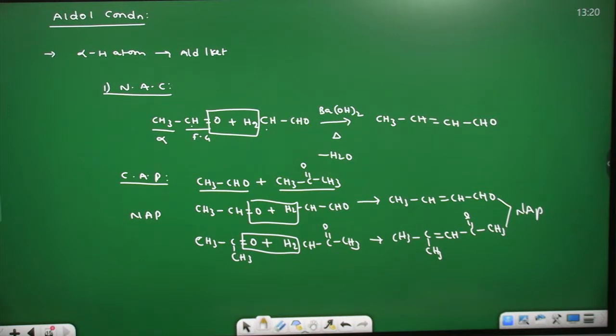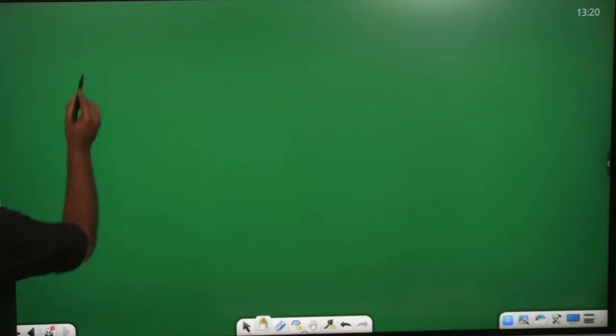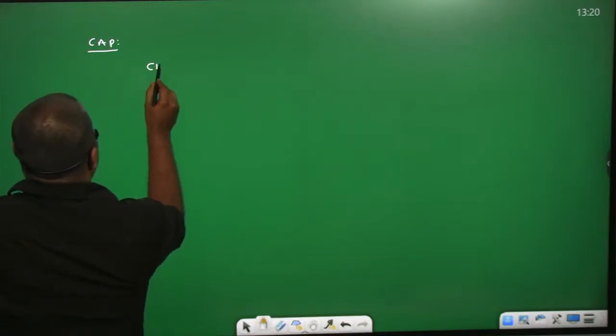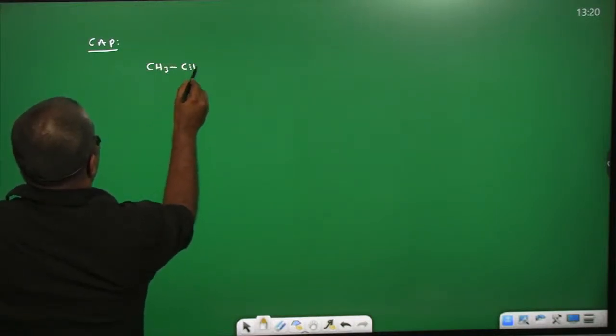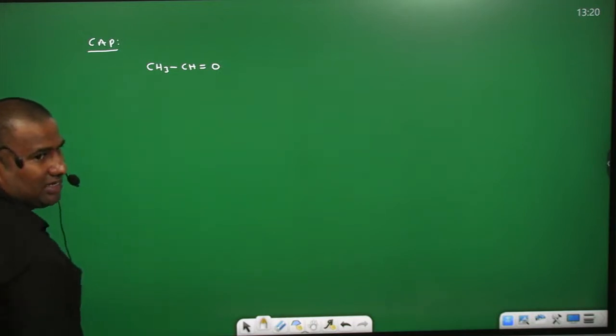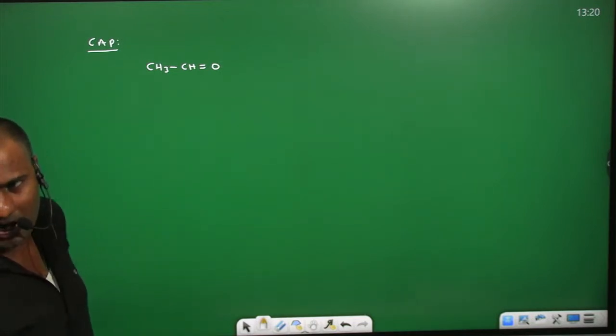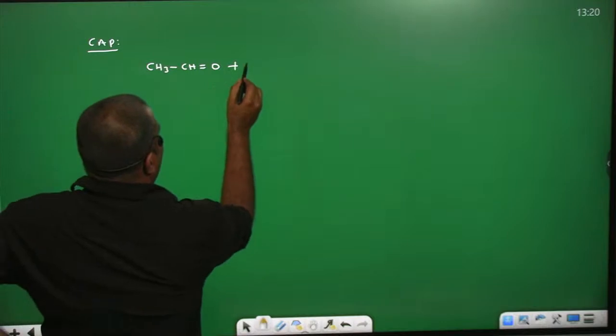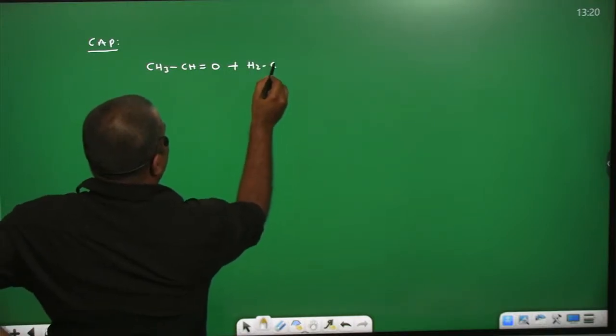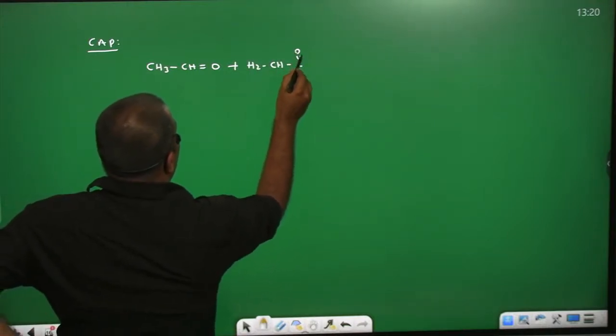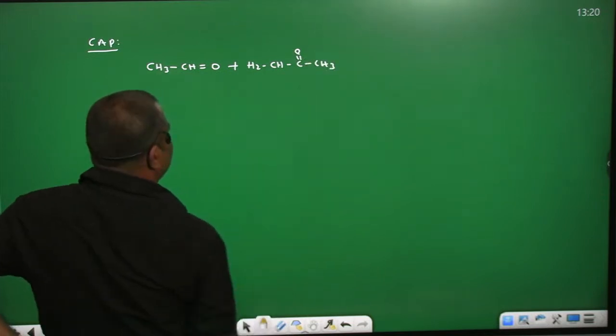Next one, crossed aldol products. How are we writing them? First let me write CH3CH double bond O. I am removing oxygen from acetaldehyde, and from acetone I am removing a hydrogen: CH, C double bond O, CH3, acetone.